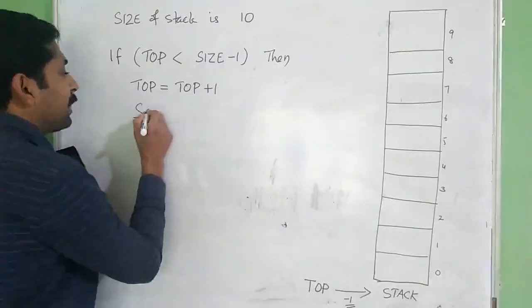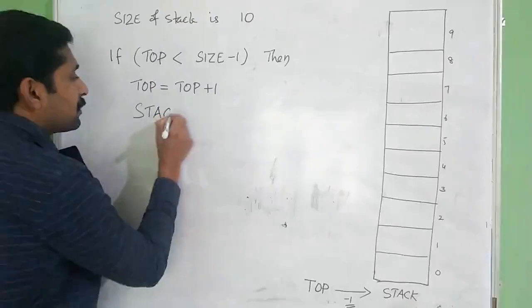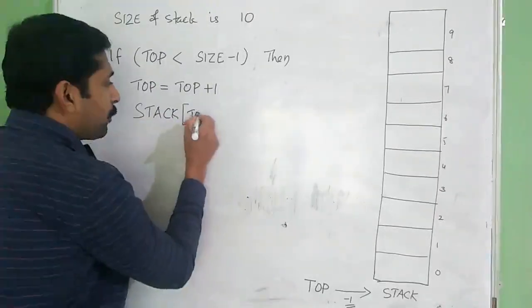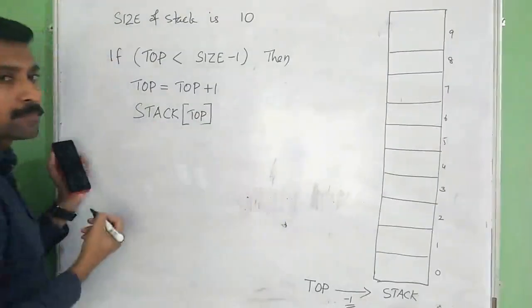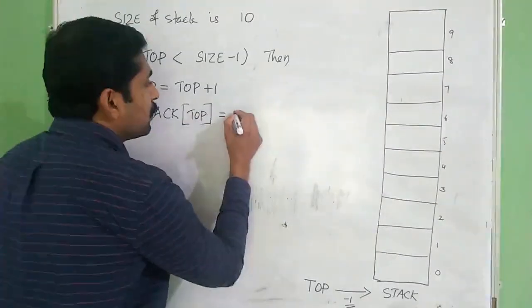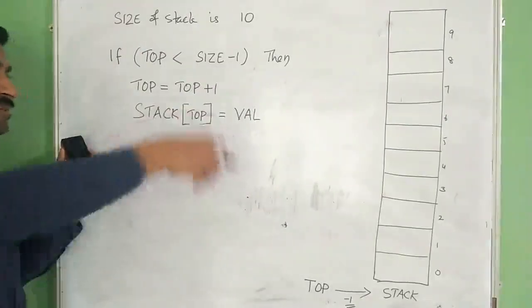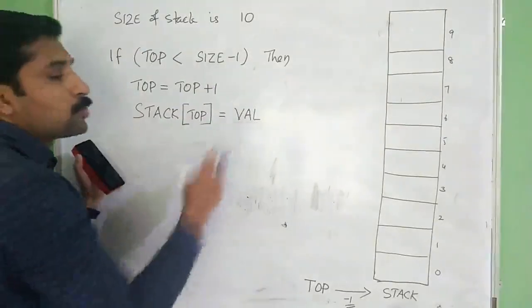Now we are adding the value. Array name is stack. Stack of top equal to, let value be the item to be inserted, equal to val.